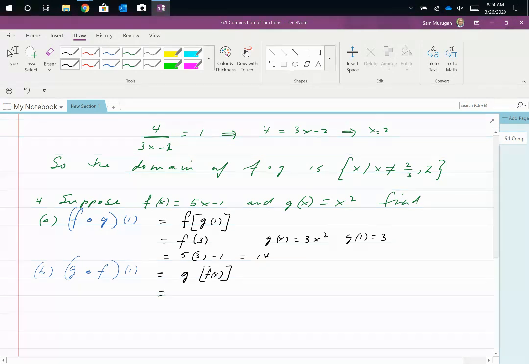So f of x is equal to 5x minus 1, f of 1 is equal to 4. So g substituted with 4 is 3 times 4 squared, which is equal to 48.